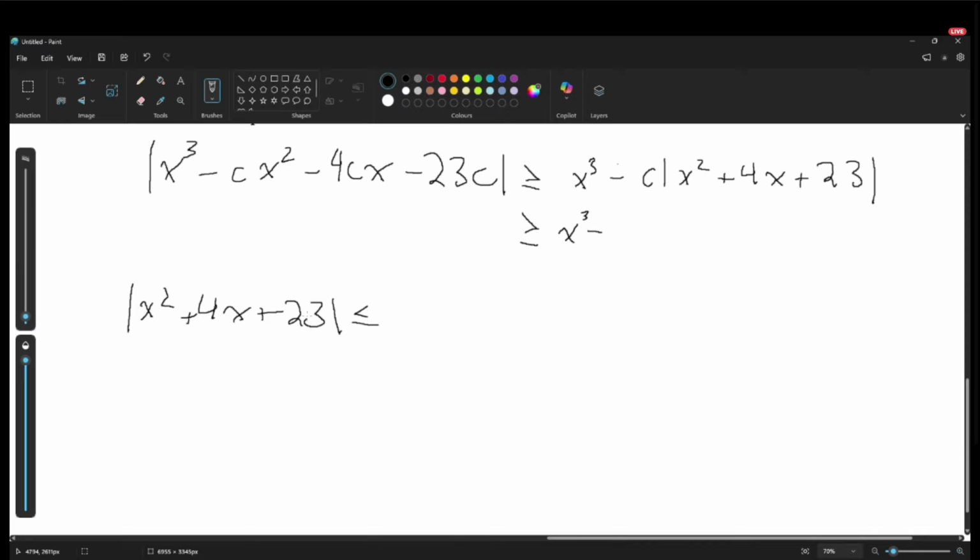So this is less than or equal to x squared plus 4x plus 23, which is less than or equal to 8x cubed, right?